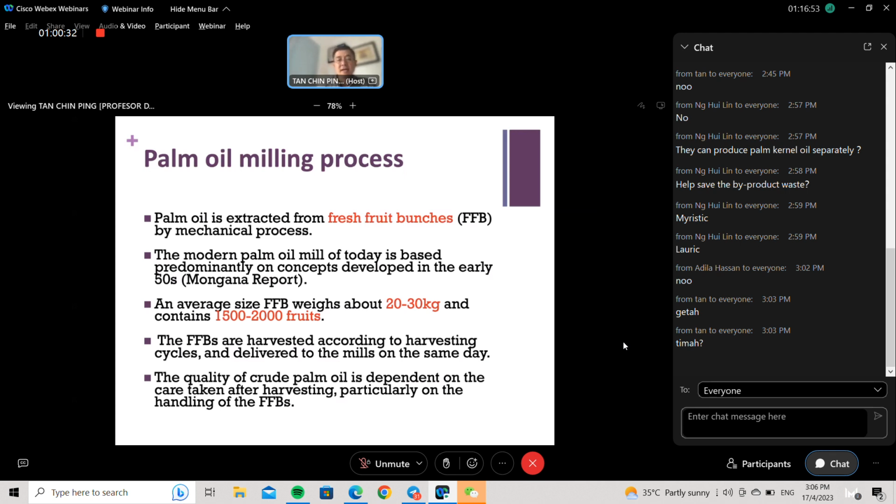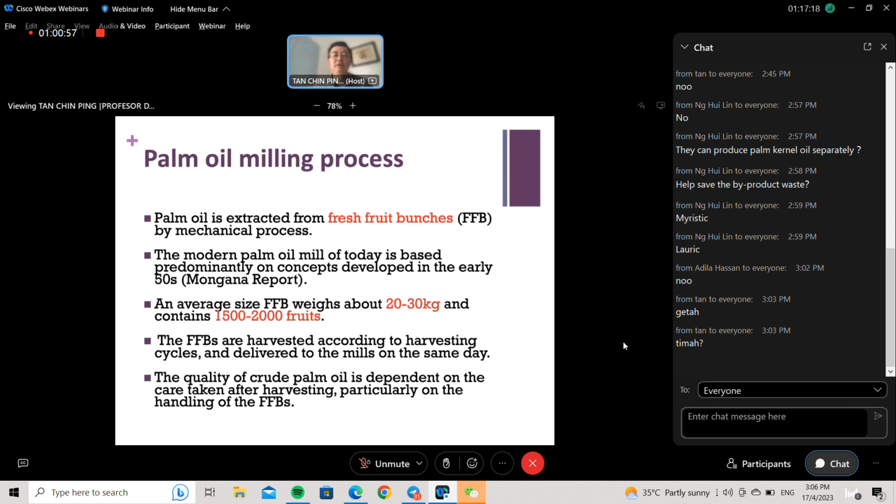An average size of FFB is about 20 to 30 kg, and therefore on plantations, most of the time we see male workers. It is relatively difficult for females to pick up 20 to 30 kilos of fruits and put them in a truck.